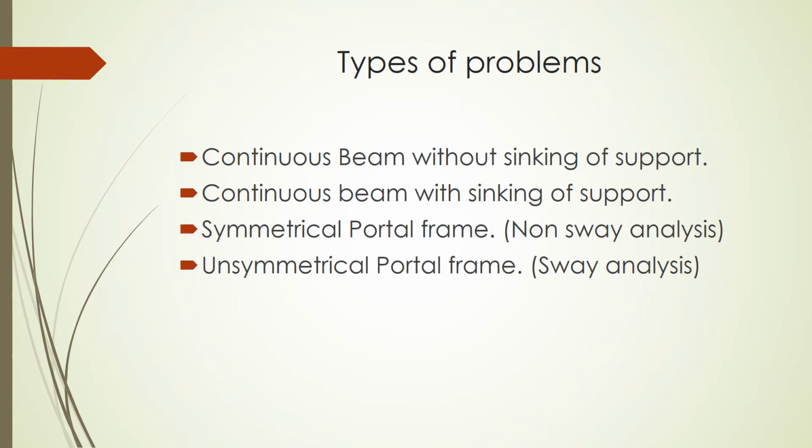The third type is the symmetrical portal frame, which is having no sway in that frame, and the last one is the unsymmetrical portal frame which is having sway. So we have to analyze that unsymmetrical portal frame for the sway analysis by using slope deflection method.